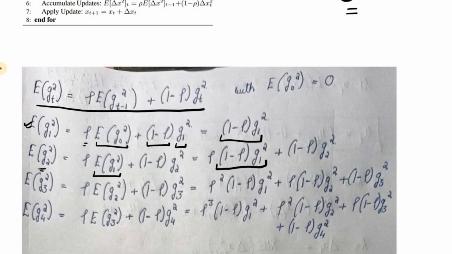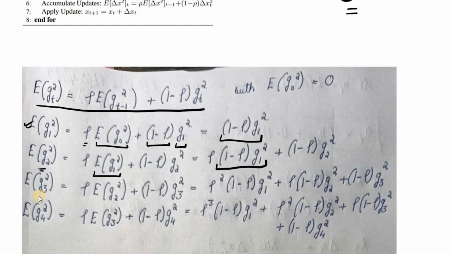Now if we try to understand what exactly is happening at this stage, this is a concept similar to exponential smoothing. Those who have studied time series forecasting will be able to relate it, that we put more preference on the latest values and lesser preference on the previous value. Likewise, we are giving more weightage to g2 square over here, and lesser weightage to g1 square.